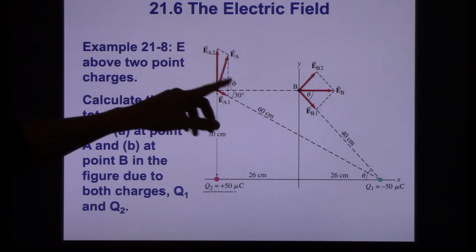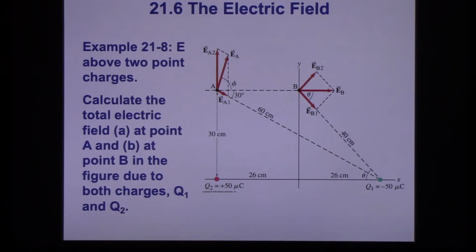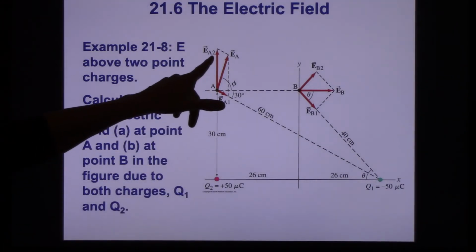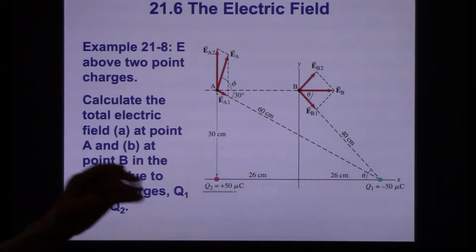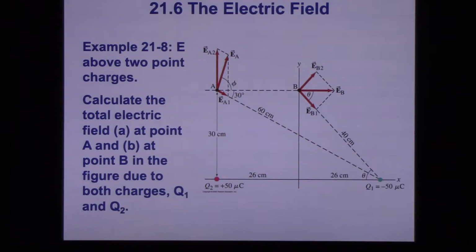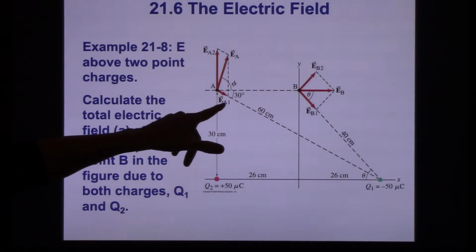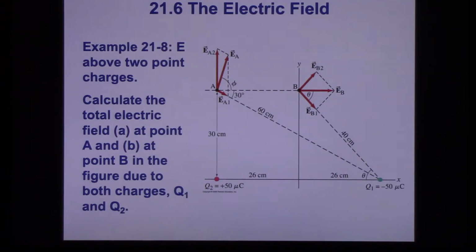So those are the two E fields we're going to add together. Now we have to do vector addition, which means we have to divide things into components and add the x components together and the y components together. Pythagorean theorem, so kind of the same thing we did before looking at forces.